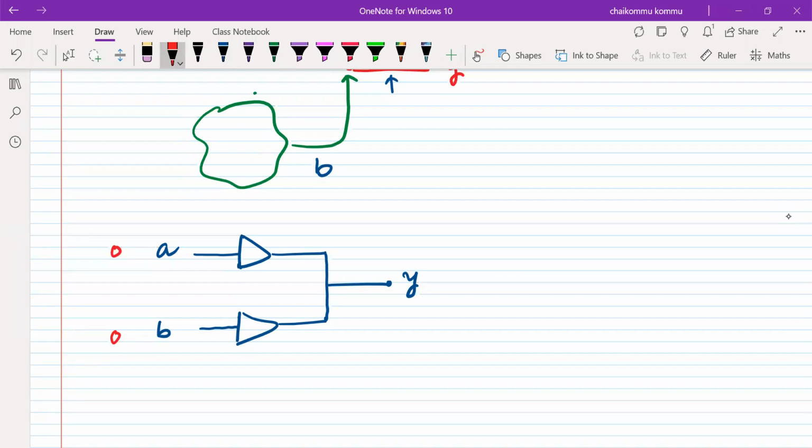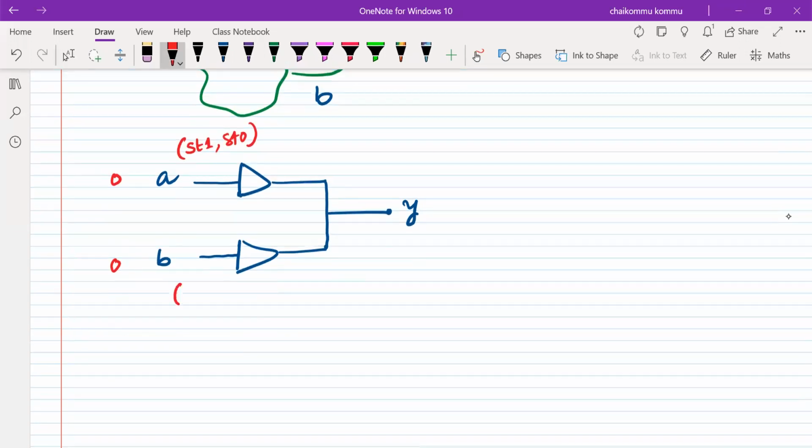So what is the default strength of A and of B? Strong. That means logic 0 has a strength of strong, and logic 0 for B is also strong 0. For example, I am simply writing abbreviations in this way, ST1 and ST0, for logic 1 and logic 0. These nets will also take strong 1 and strong 0 strengths.